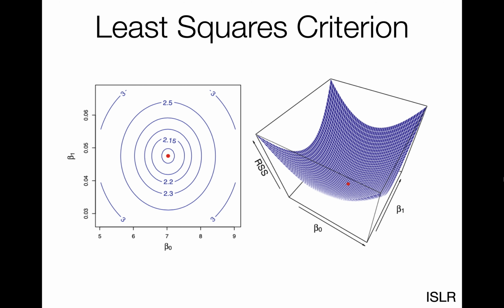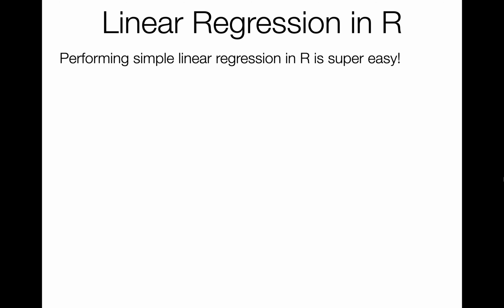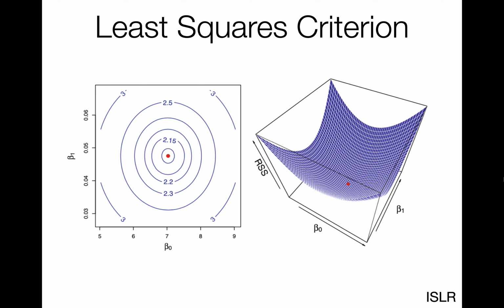If that wasn't clear through the calculus, which it may not have been, here is a visual that I've taken from ISLR that shows what's happening on the optimization side. On the left-hand side, you've got a sort of density plot.